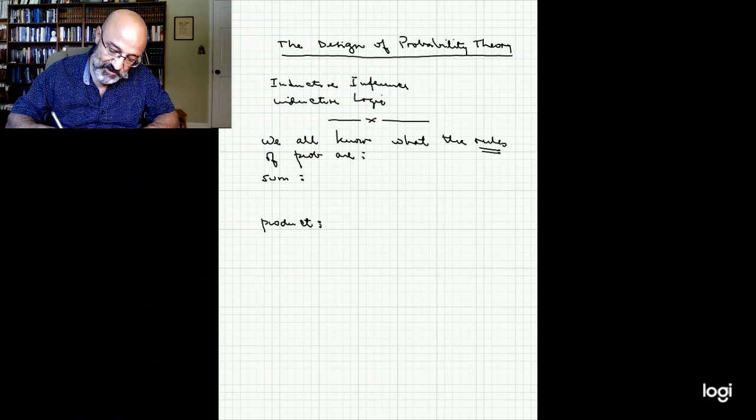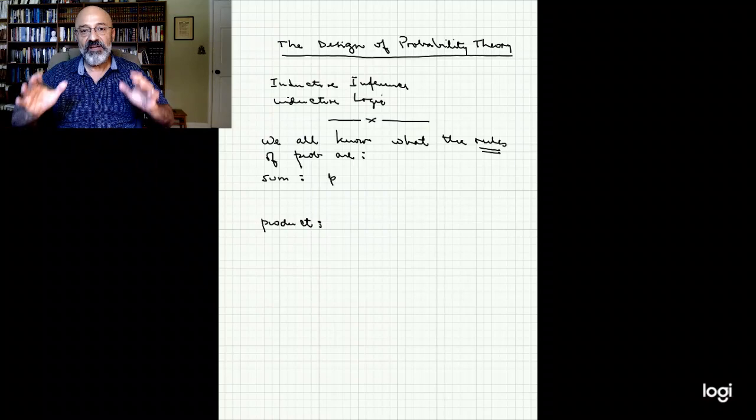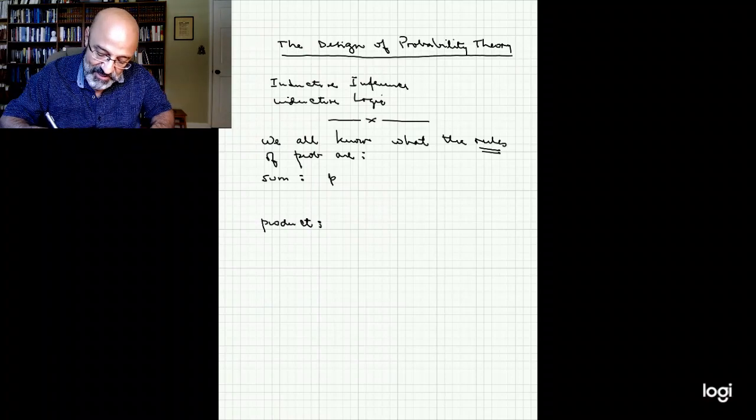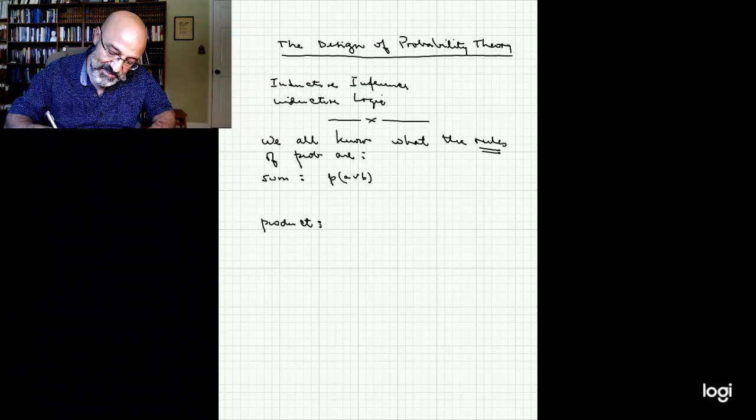The sum rule applies when you have the probability of two sentences, two propositions that you want to ascertain whether they're true or not, and you say the probability of A or B. This symbol here, a wedge, means or.